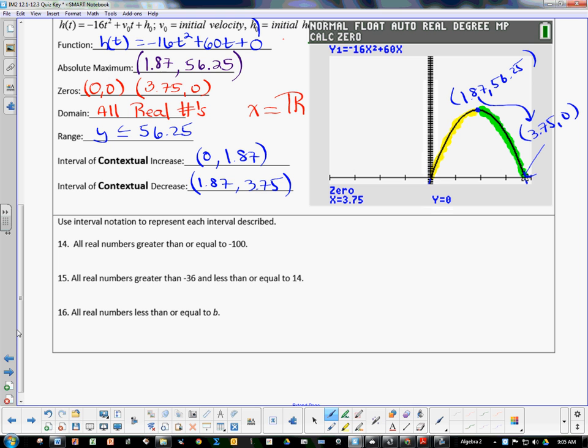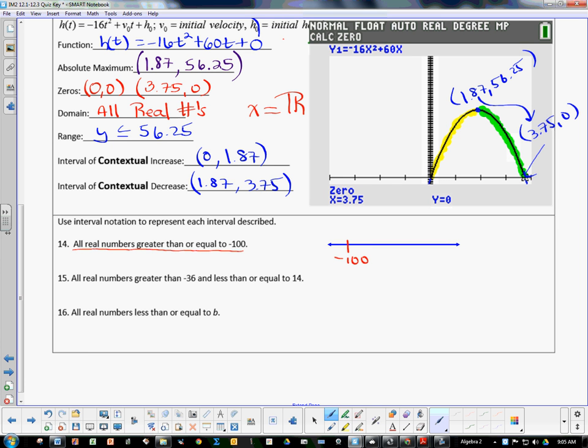Next ones. We're almost done this. Number 14 says all real numbers that are greater than or equal to negative 100. We have to use interval notation. Now, please, this might help some of you. I don't want to see mistakes on this on a test or quiz because these are gimme points. These are free points. So if it helps, draw yourself a number line. Put a negative 100 here.